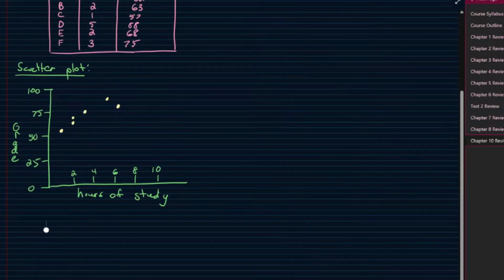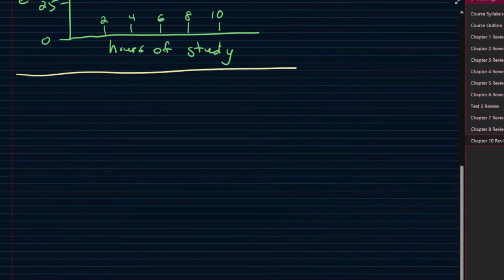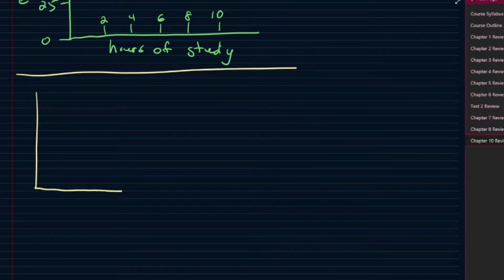Okay, so I wanted to show a couple examples of scatter plots. So very often we could have something like this. This would be a positive linear relationship.